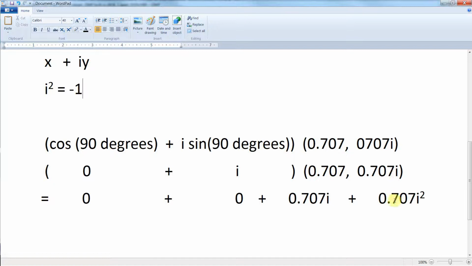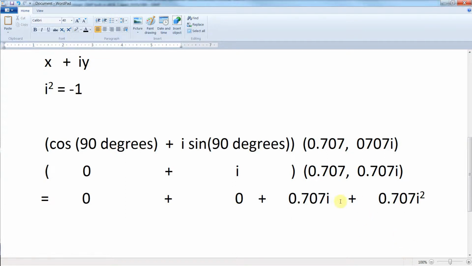Well, so there's the 0.707 term, but then we have i squared, right? So I just told you i squared is equal to -1. So we can convert this to -1. So -1 times 0.707 just makes that -0.707.